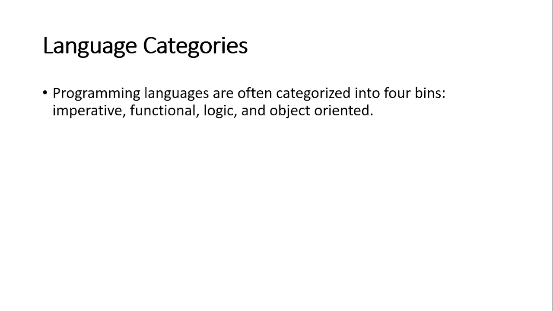Okay, and a host of special purpose languages have appeared over the past 50 years, and these range from a report program generator, which is used to produce business reports, to automatically programmed tools, that is APT, which is used for instructing programmable machine tools, to general purpose simulation systems, that is GPSS, which is used for system simulation. Okay, and these are different categories of languages, even though we have mainly 4 bins: imperative, functional, logic, and object oriented languages.